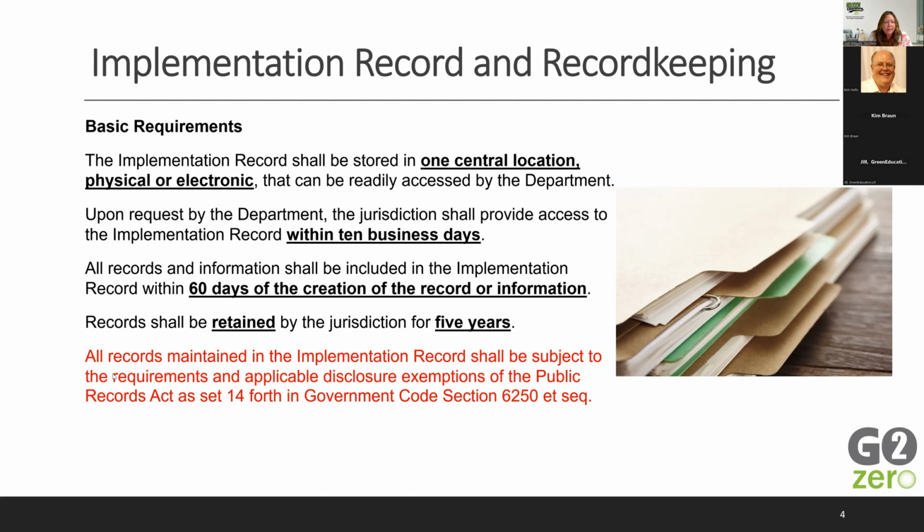So one thing that I like to suggest to my clients is that you only include what needs to be included in these records, not all the documentation, not all the comments from your site visits and such, but just the records that CalRecycle needs to see, knowing that they will potentially be subject to public records requests and could be made public.